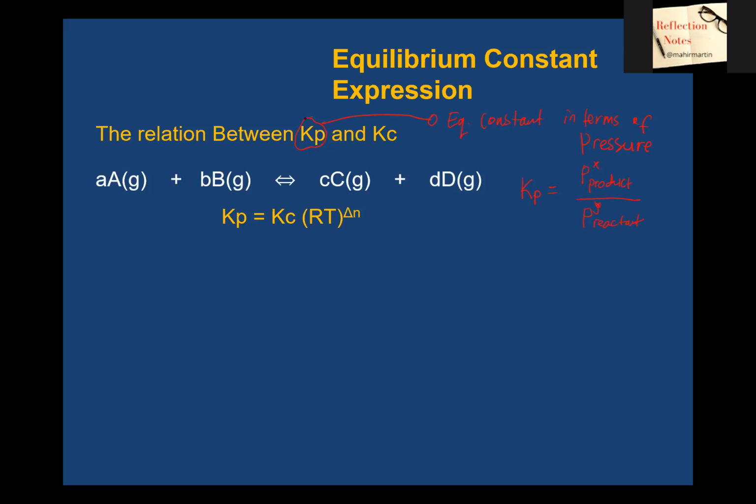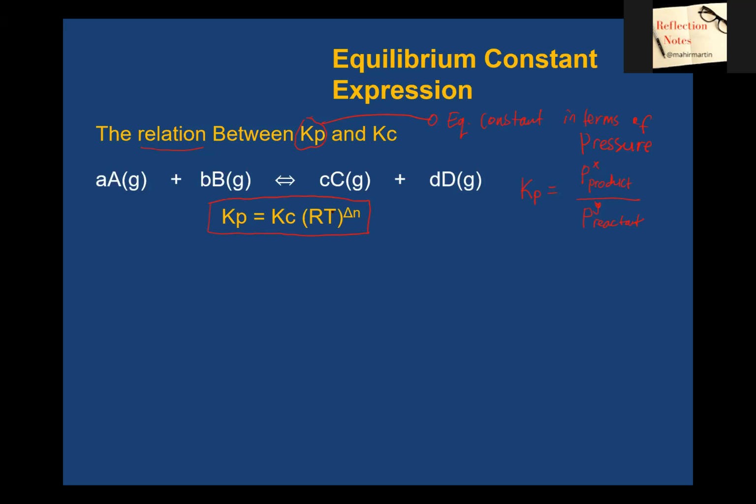And we have the relation between Kp and Kc. This is the formula. Kp is equal to Kc (RT) to the power delta N. Actually, I can derive this formula from PV equals nRT, but it takes a very long time to derive, so let's accept this formula.